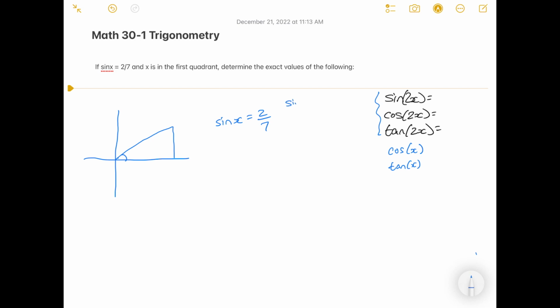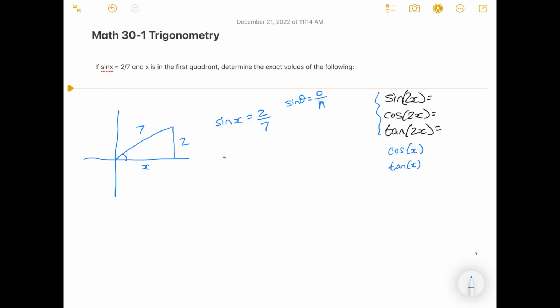Our regular trig ratios: sine of an angle is opposite over hypotenuse. So opposite is 2, hypotenuse is 7. Now I need to find that adjacent side, so I have a complete triangle to work with.